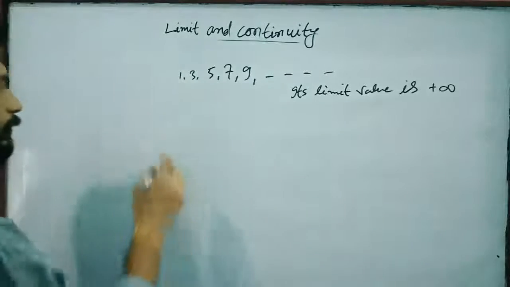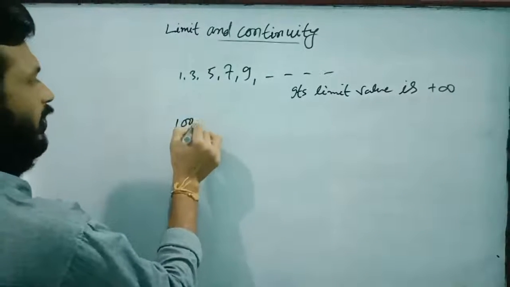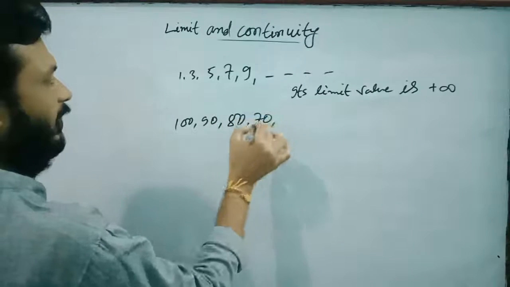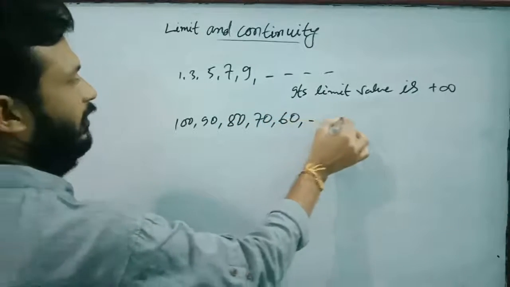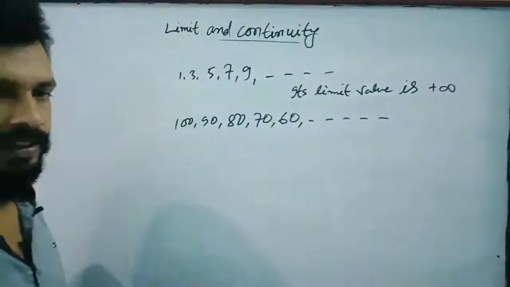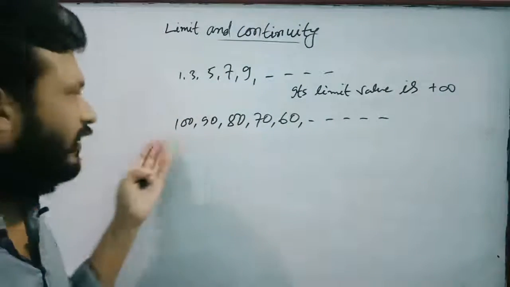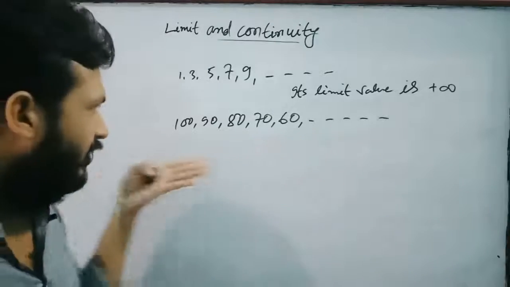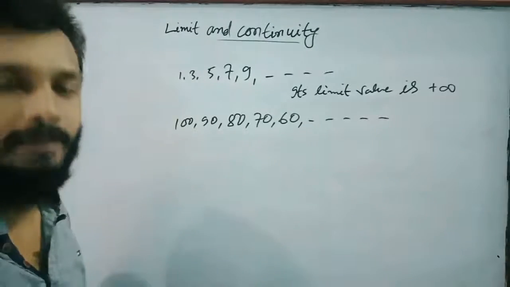Understood? Suppose we have 100, then 90, then 80, then 70, then 60, okay, and so on. In this sequence, each term is decreasing negatively. Yes? Decreasing negatively.